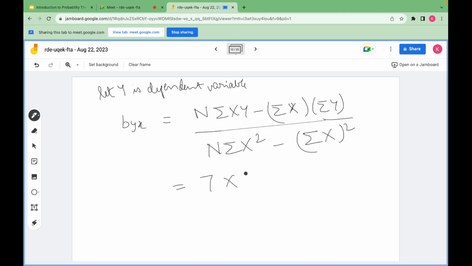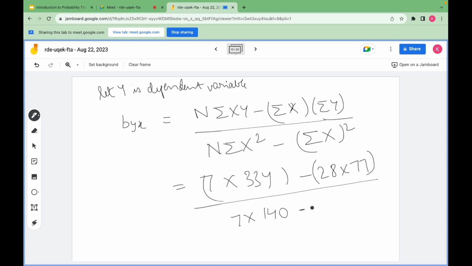We know these values, so I am putting them in.